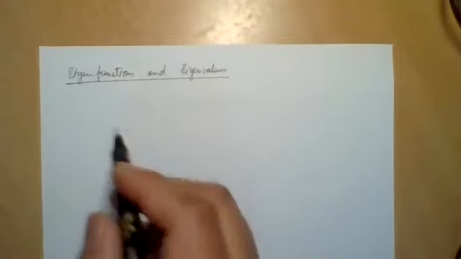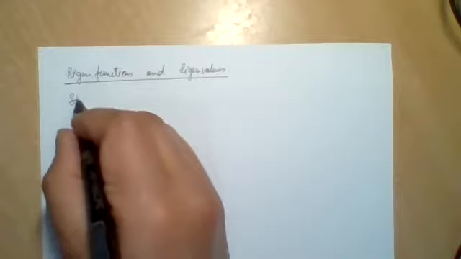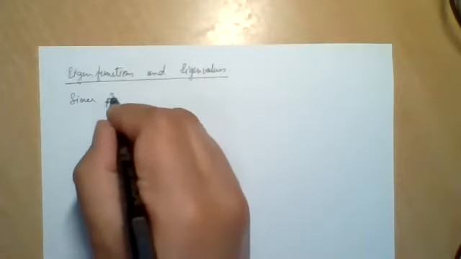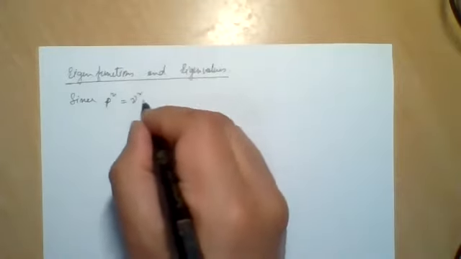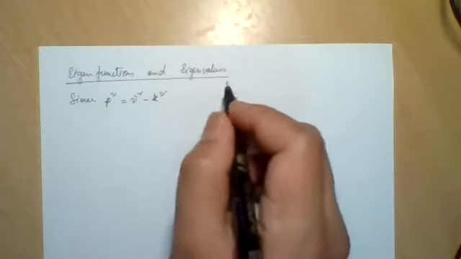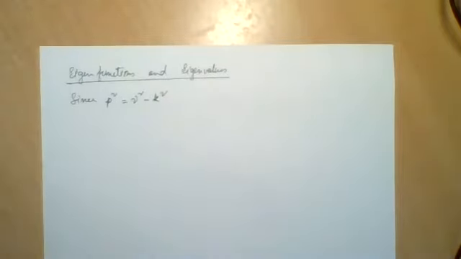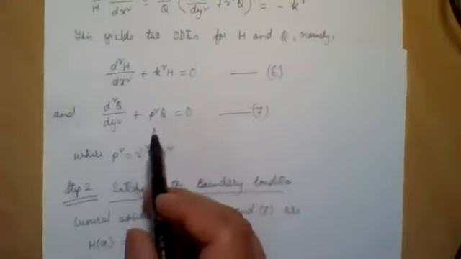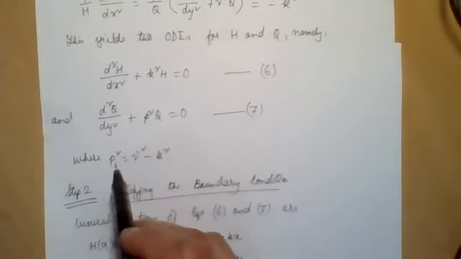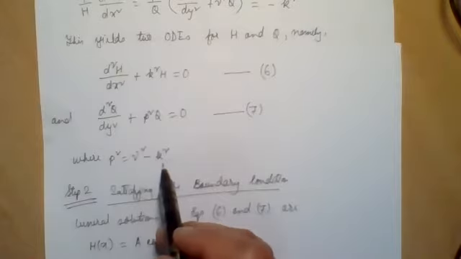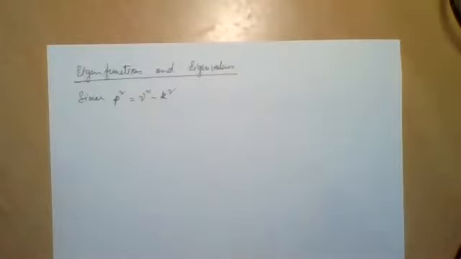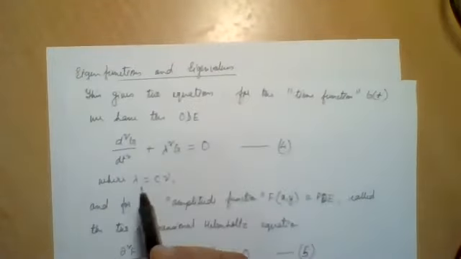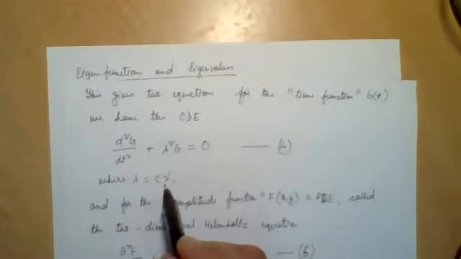And from the earlier case, we know that p square equals nu square minus k square. This was in equation number 7. And in equation number 4, we saw that lambda equals c nu.